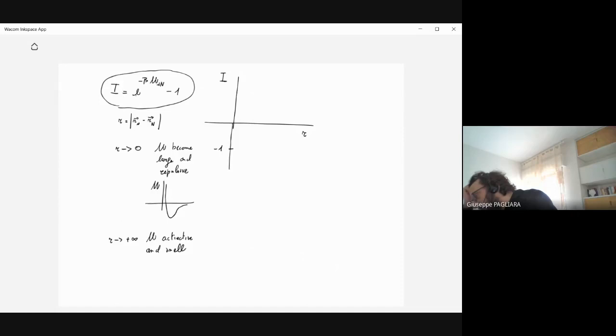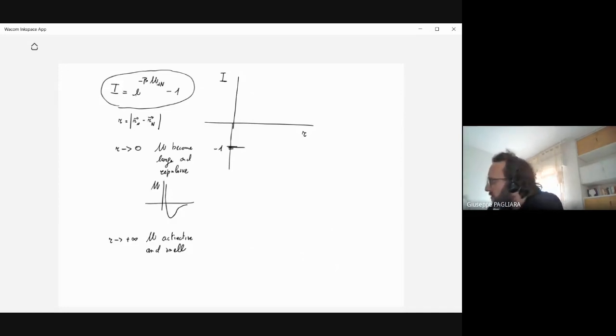Wait just one moment because I'm getting lost. So for r going to 0, u goes to plus infinity and I goes to -1. That's okay. So it goes in this way. When going to larger distances, the potential becomes attractive.